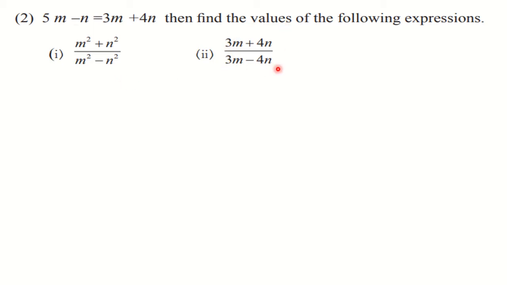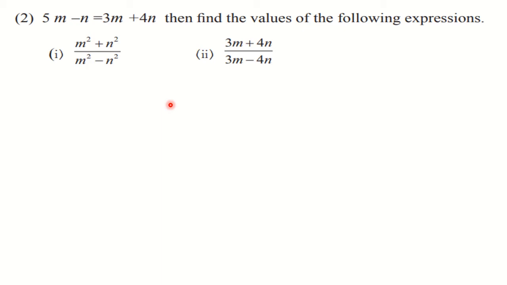Here also componendo dividendo is given. So even though the question falls in this particular exercise, you will solve it by using the properties on equal ratios only, or the operations on equal ratios only. So here we have to make use of the given equation to find m upon n, because see here m and n is given.